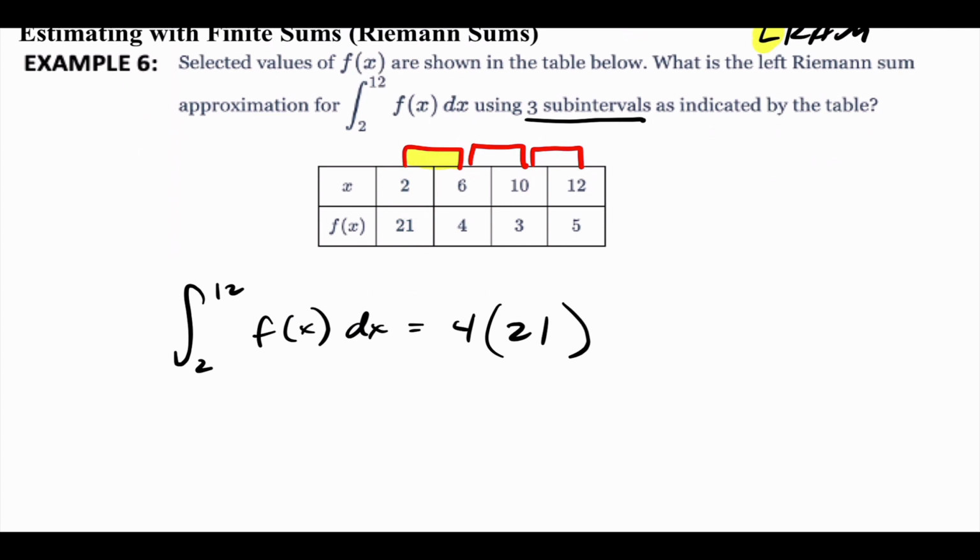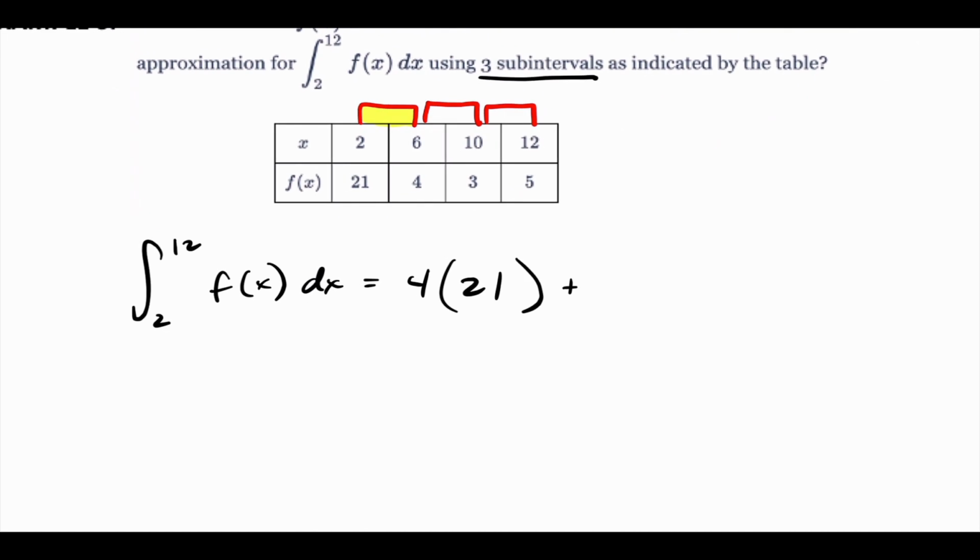Again, if you need to see the rectangles visually, draw a picture. That's that first rectangle done. The second rectangle goes from 6 to 10. That's also 4. The left side is 6.